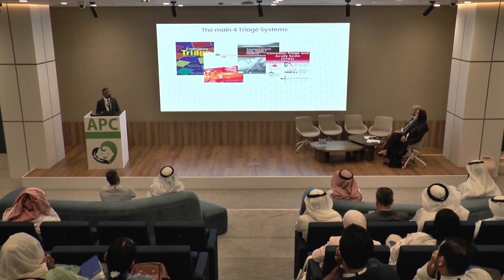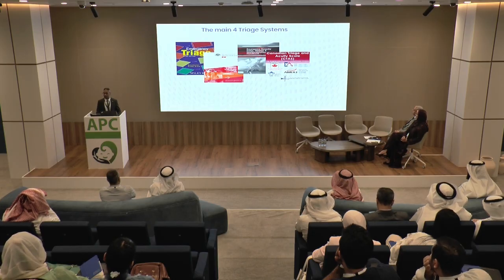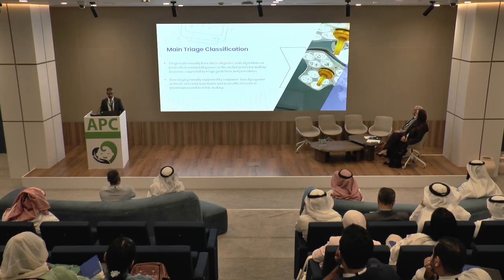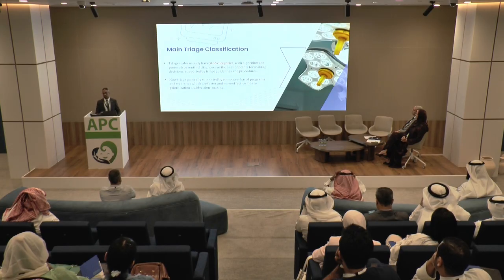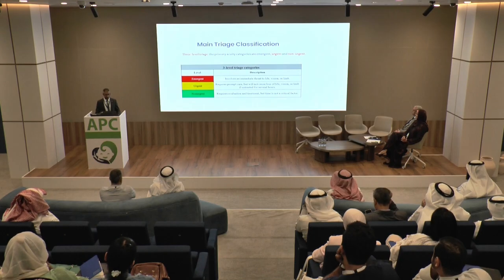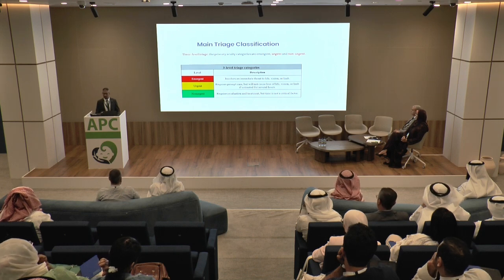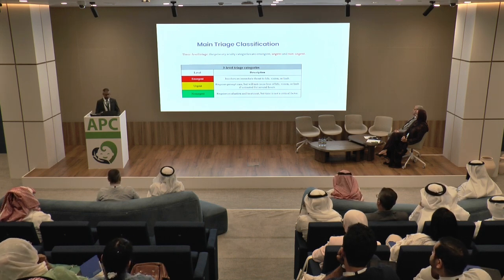The four main triaging systems that we have are the Canadian CTAS, Manchester, Australian, and ESI in the United States. Some of them have 3 categories, and most of them categorize the patient into 4 or more. In the 3-category systems, they classify the patient as emergent, urgent, and non-urgent.